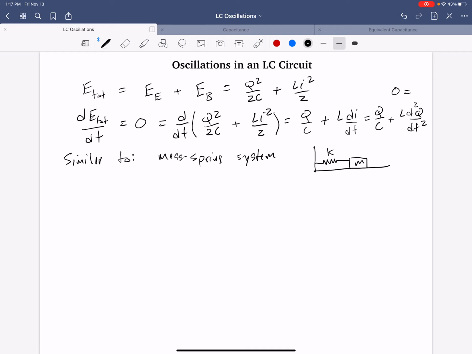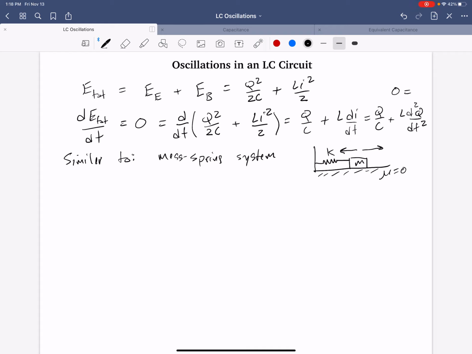Mass m, spring constant k, and this can move back and forth, right? And if that's frictionless, no energy is lost. We're assuming the spring doesn't heat up due to friction, and this is in a vacuum, right? If that mass is pulled out to some maximum displacement and then released, that will oscillate forever, okay?